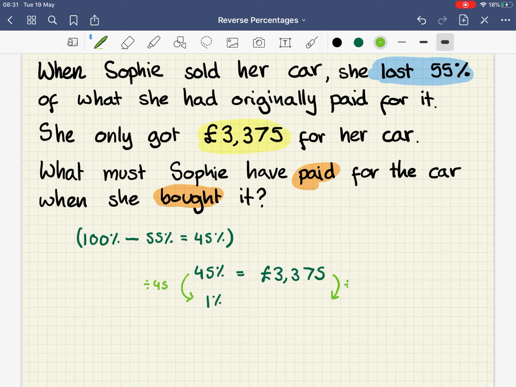And now divide this side by 45. So 3,375 divided by 45. And that is just going to equal 75. And then we want to go to 100%. So multiply 1 by 100. And so therefore I need to multiply this side by 100. And so my final answer is going to be £7,500.